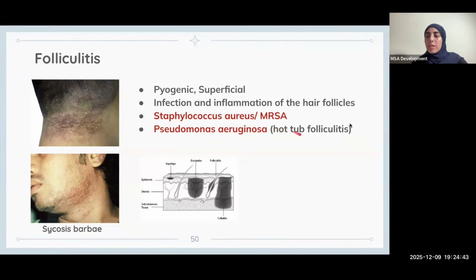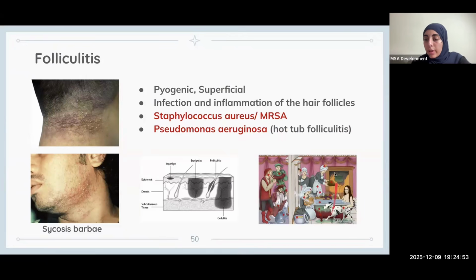Another type of folliculitis is hot tub folliculitis. This is due to Pseudomonas aeruginosa infection, and Pseudomonas aeruginosa is a gram-negative bacteria. If you watch the sketch sheet for it, you would remember the hot tub. So again, folliculitis in general is mostly due to Staph aureus or MRSA, which is also Staph aureus.